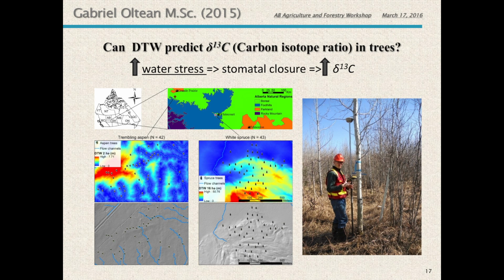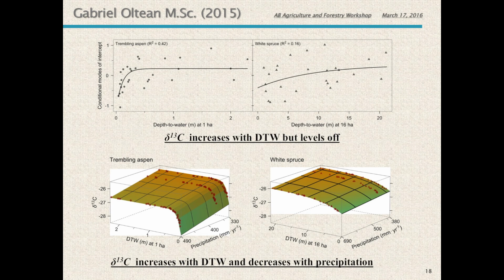He conducted research on 2 sites in west central Alberta on 2 species, and here are his main results. He found a significant relationship for both species, and carbon isotope ratio increases with depth to water but at some point levels off.